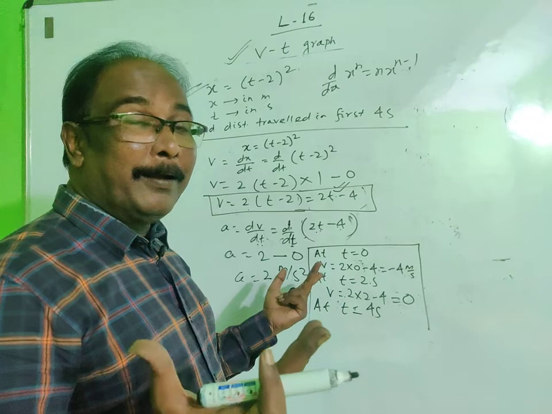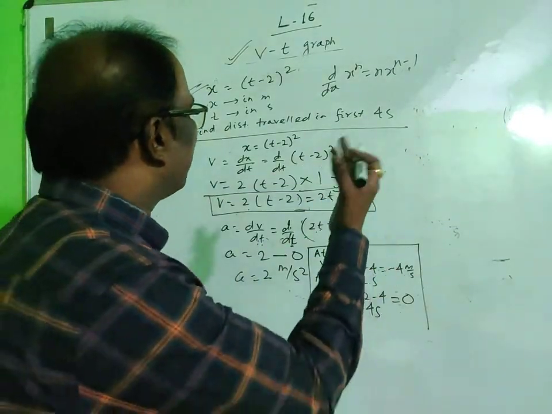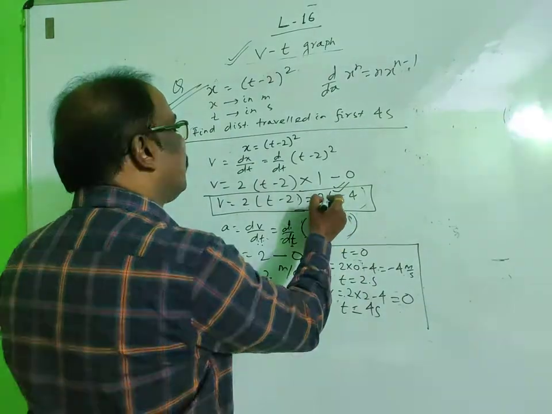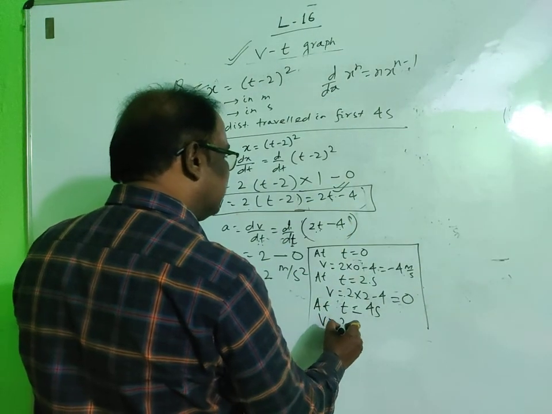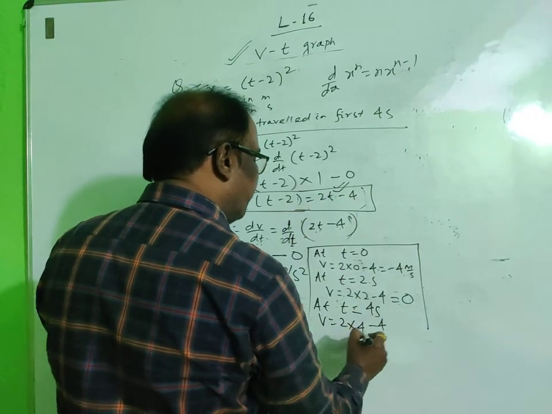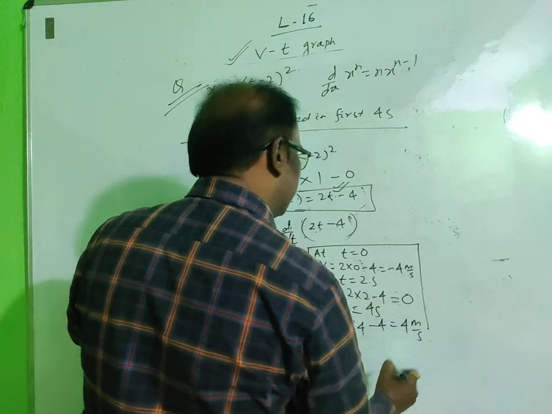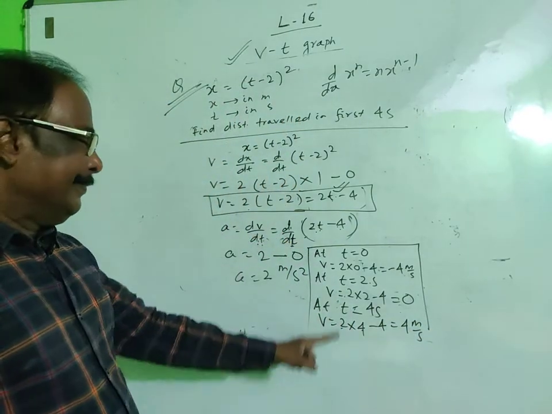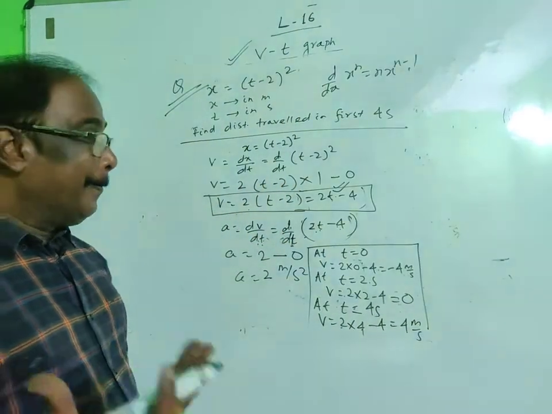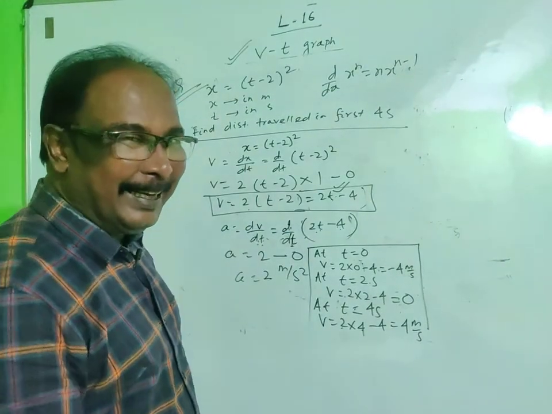And we will calculate area under the Vt graph in 4 seconds to get distance traveled. At t is equal to 4 seconds, what is velocity? 2 into 4 minus 4, so this is 8 minus 4, 4 meter per second. This is our output. Now we have to draw the graph, Vt graph.